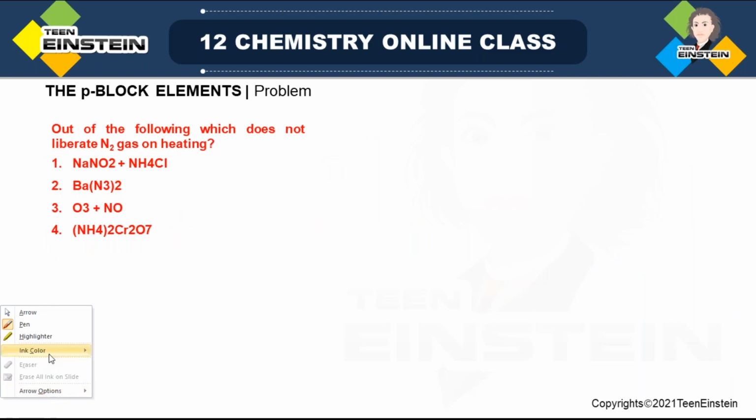Now, related to ozone, we will discuss two problems. Out of the following, which does not liberate nitrogen gas on heating? Now, it is not purely related to ozone, because you will see that here some group 15 element, that is nitrogen, is also present. So you can consider it as if it is based on a P block elements problem.